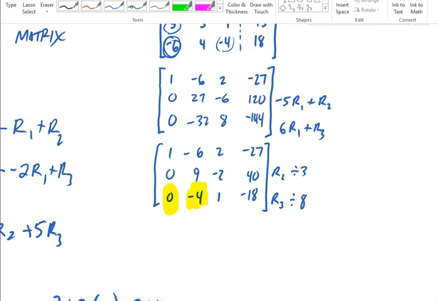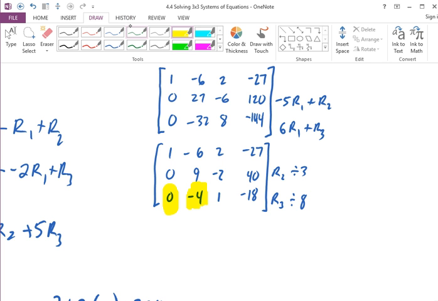So we only want to work now with equation 2 and 3 to try to change the -4 into a 0. So you're going to have to multiply row 2 by some number and add it to row 3 times some number to change the -4 into a 0. So go ahead and discuss how you would do that and try to change the -4 into a 0.